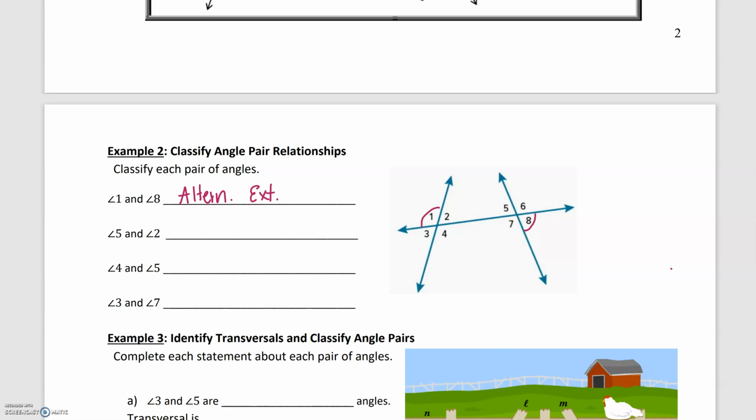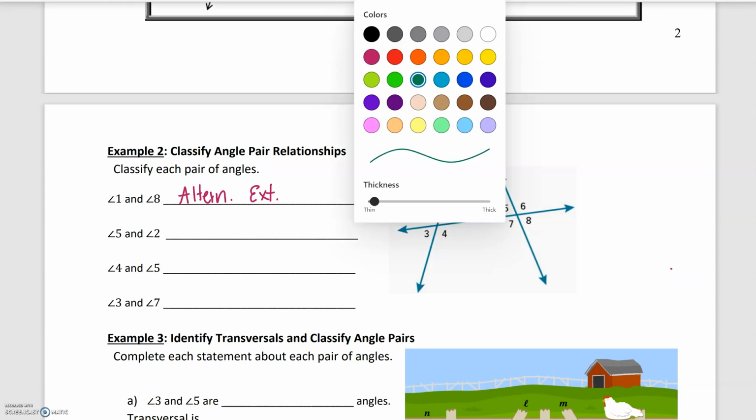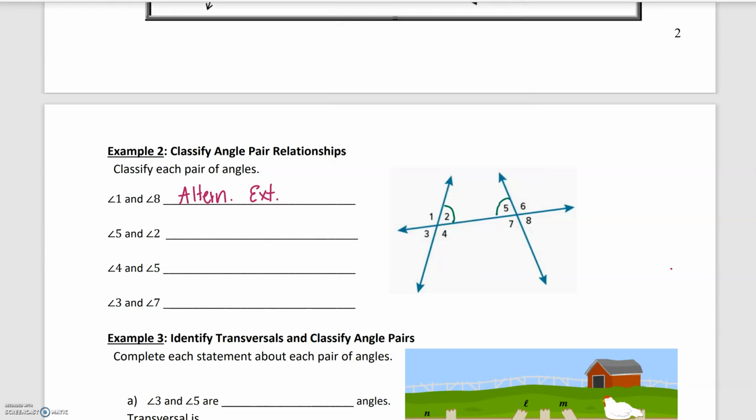You'll see I'll start to do Alt-X. 5 and 2 is our next one. And notice that those are on the same side and they're in the interior. So either same side interior. Our book likes to call them consecutive because it's one right after the other. So you might also see the word consecutive. I just wanted to point that out.